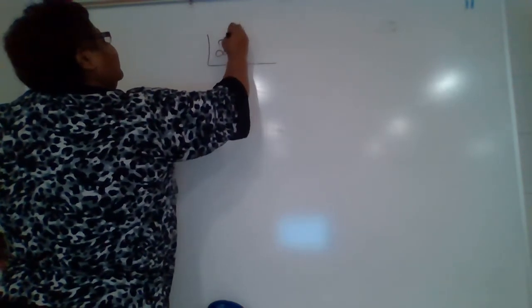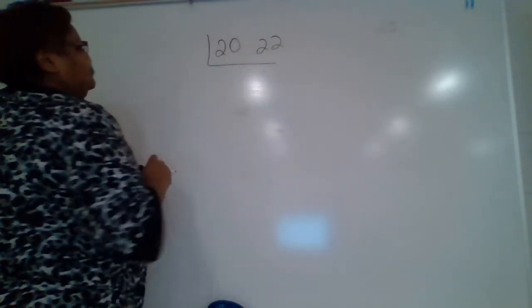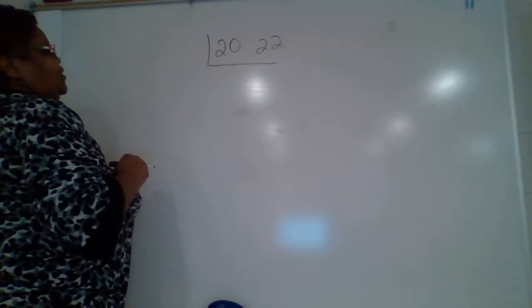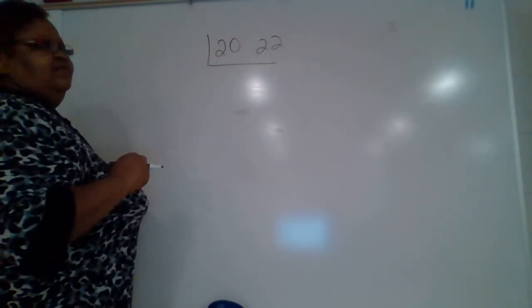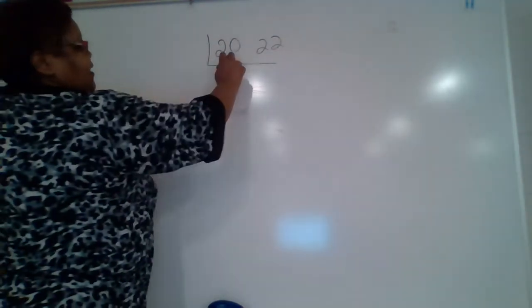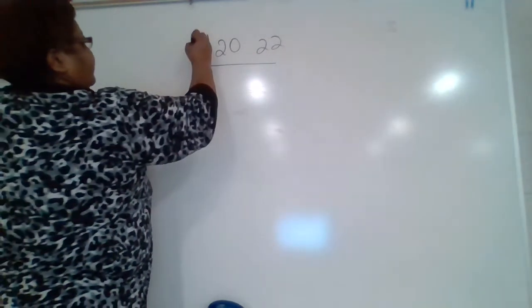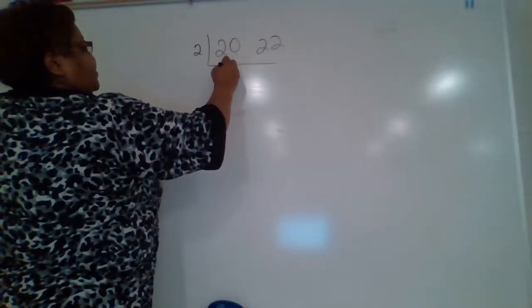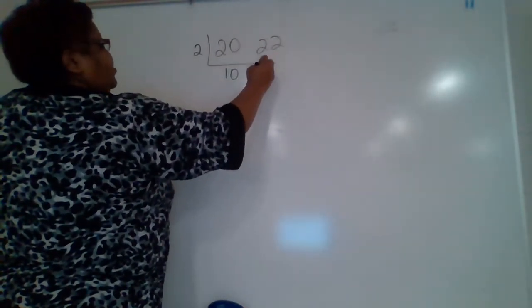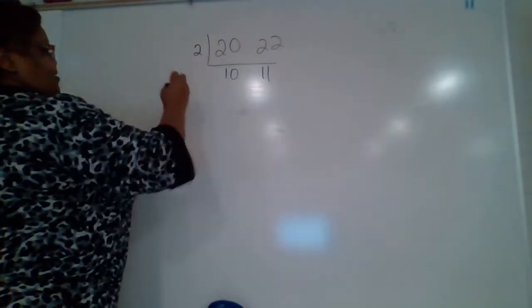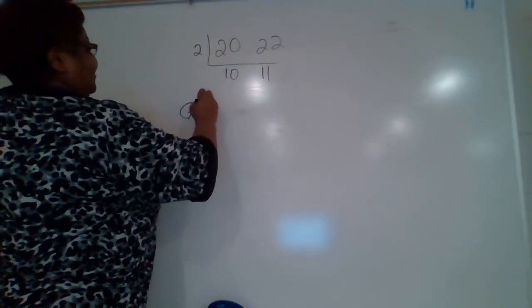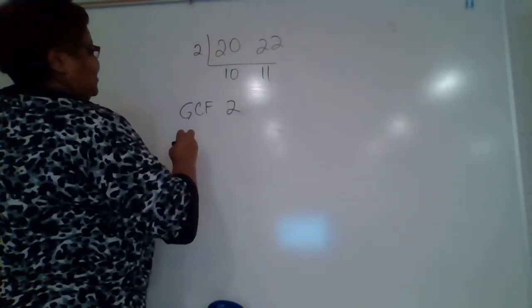Let's do 20 and 22. What goes into 20 and 22? I believe 2, because that ends in 0 and that ends in 2, and our divisibility rules tell us those are even numbers. 2 goes into 20 10 times. 2 goes into 22 11 times. So you already got it. My GCF is that number over there by itself.